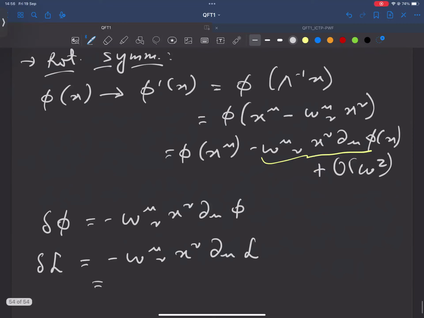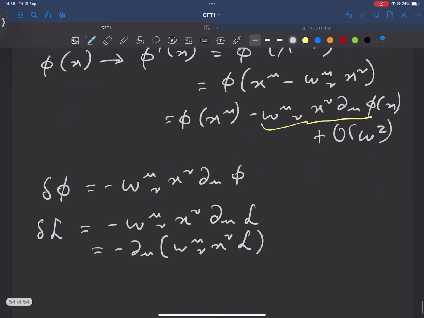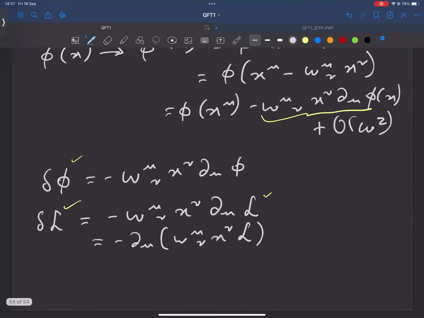And because these are constant parameters, you can take them inside. Okay. And because the Lagrangian itself is a scalar, just the way the scalar field transforms, it will transform in a similar way. So you can write it like this.